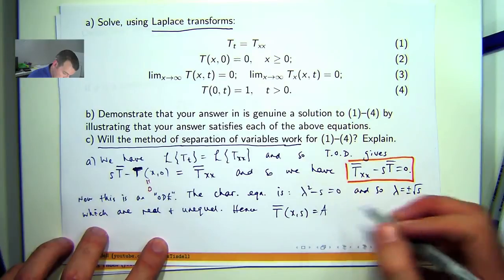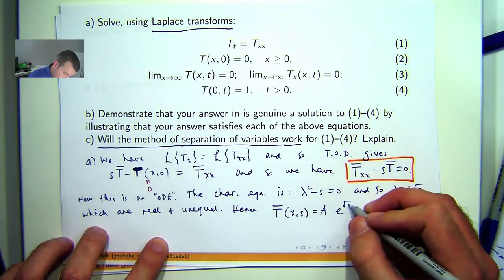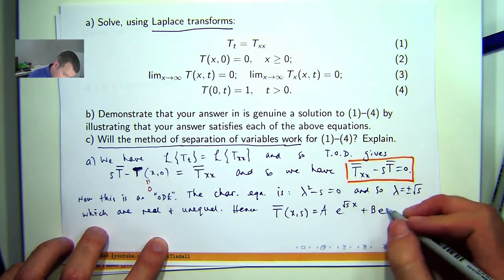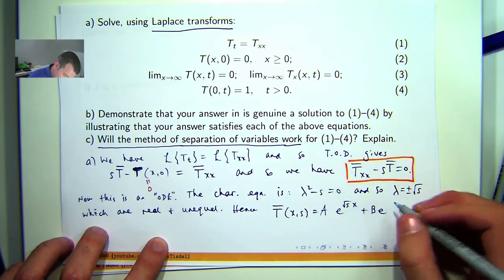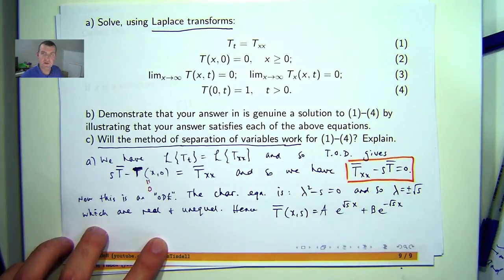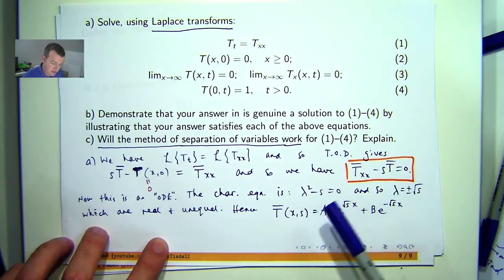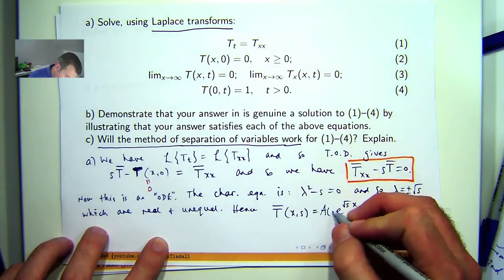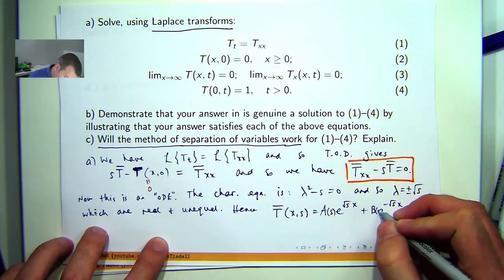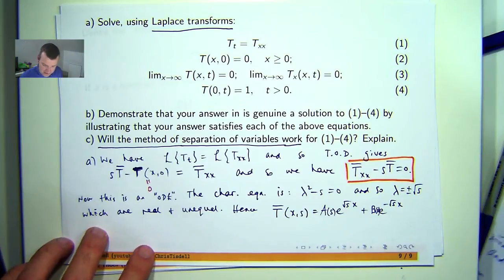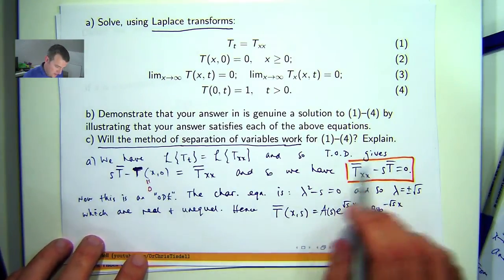Okay, so now usually when we're solving ODEs, these coefficients will be constants, but remember T bar is a function of two variables here. So really what we should have is, let's see if I can squeeze this in, A and B depending on S. Okay, so this is the general solution to this problem.